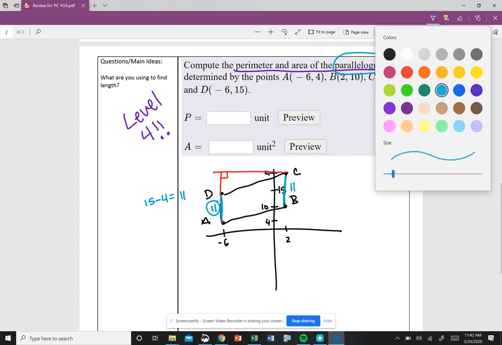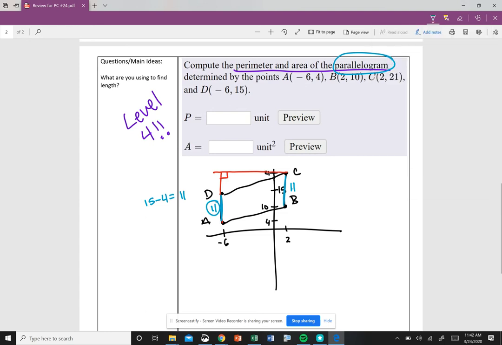Now, I need to find the length of these other two lines. So the first thing I'm going to do is figure out how far apart they are. This is going from -6 to +2. So I know that from -6 to 0, this is 6 long. And then 0 to 2, this is 2 long. So this is a total of 8 long. And then if I'm going from 4 to 10, this is 6 long. So now I can use the Pythagorean theorem. This is going to be 8 squared plus 6 squared equals x squared.